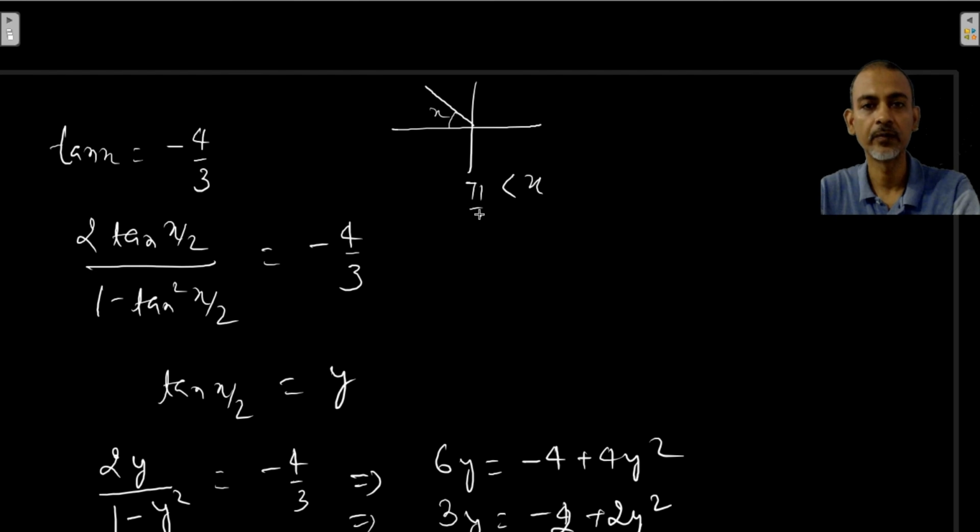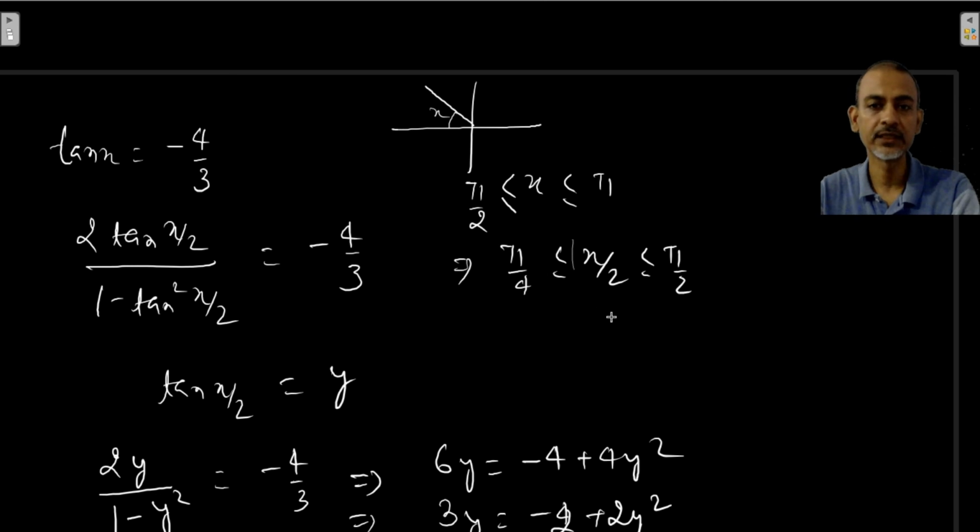It will be greater than or equal to pi by 2 and less than or equal to pi. So this implies that pi by 4 is less than or equal to x by 2, which is less than or equal to pi by 2. Basically I am dividing it by half. So x by 2 is going to be between pi by 4 and pi by 2. It means that this is going to be in the first quadrant. This means that x by 2 is going to be positive.